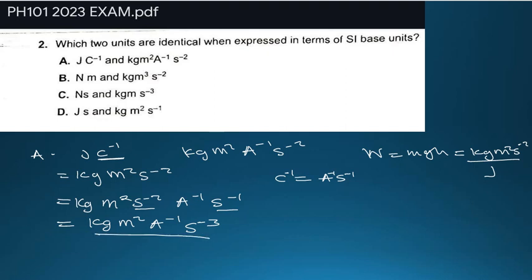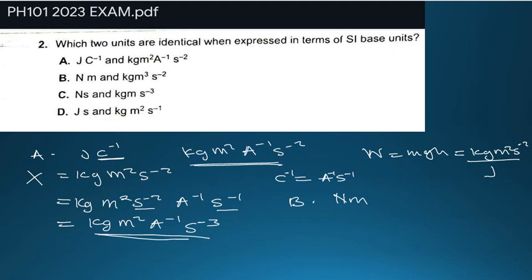You can see that these units and the units which you have been given are not the same. Because they are not the same, you are going to conclude that option A is not the right option for us. Let's go to B. What have we been given about B?